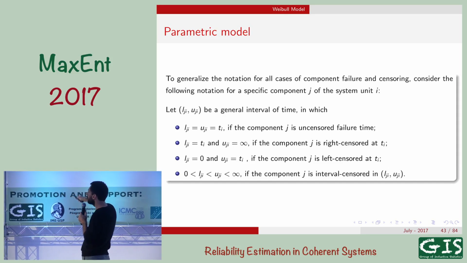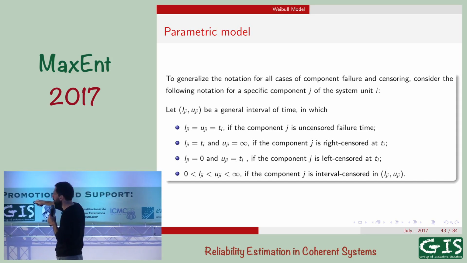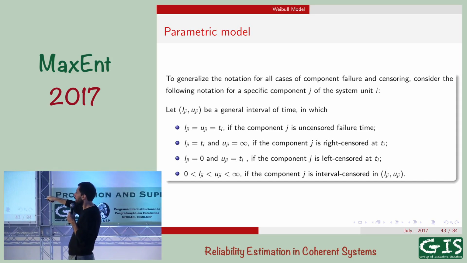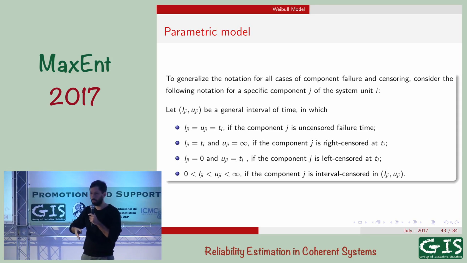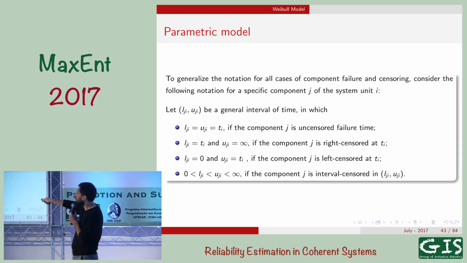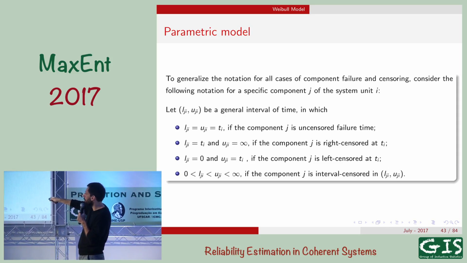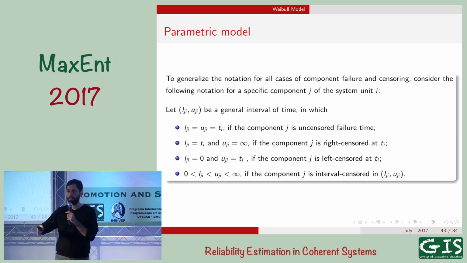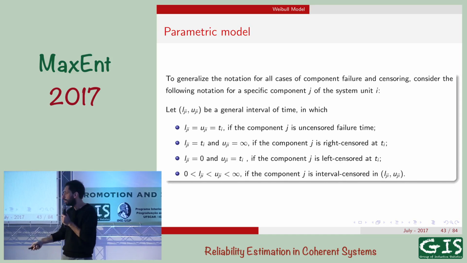So, using this idea, we can have this notation. If we write the failure time of the component as an interval, and the lower value and the upper value are equal, then I have the information that the component failed at that time.